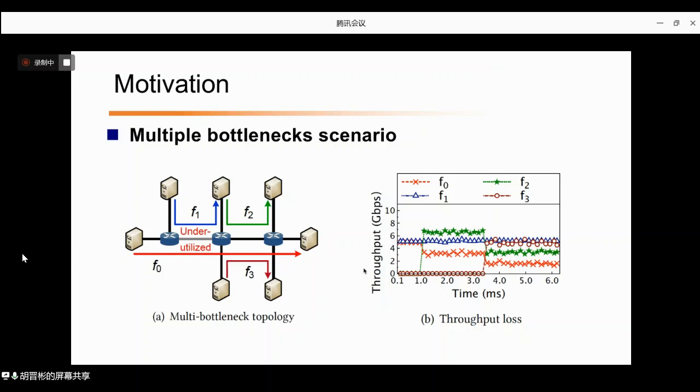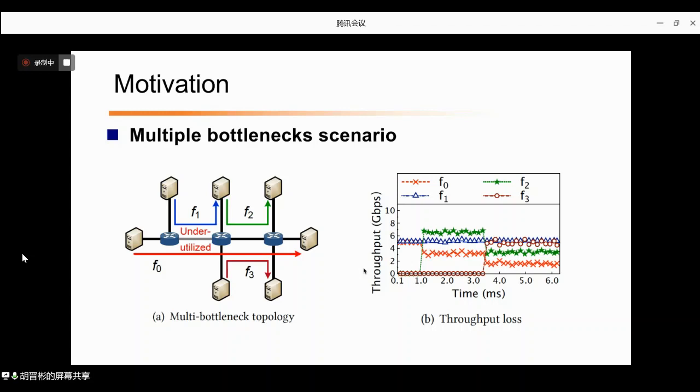At the beginning, flow 0 and flow 1 fairly share the first bottleneck without queue build-up. But when flow 2 and flow 3 start at line rate, the sending rate of flow 0 decreases to about 3.3 Gbps due to bandwidth competition with flow 2 and flow 3 at the second bottleneck.